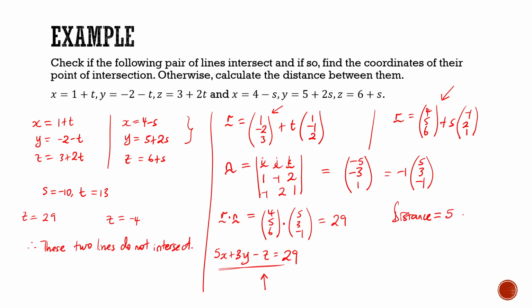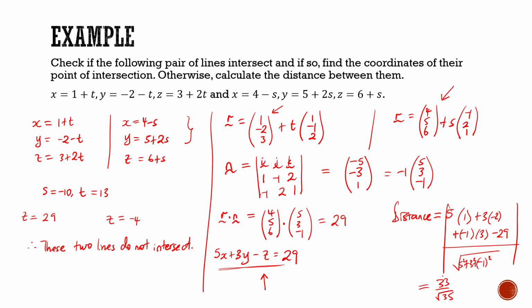So it's going to be 5 times 1 plus 3 times negative 2 plus negative 1 times 3, but then minus 29, and we're dividing this by the square root of 5 squared plus 3 squared plus negative 1 squared. And we're getting the absolute value of that. And that distance is in fact 33 out of root 35. And that is the perpendicular distance between the skew lines.